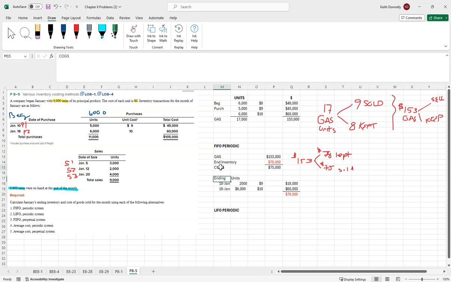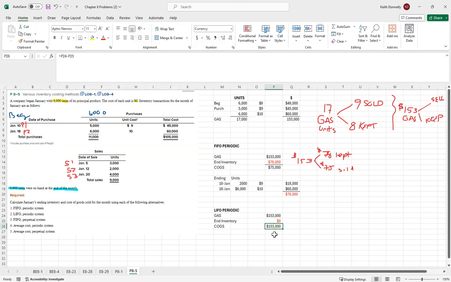Okay, so we're going to copy this framework to the extent we can. Okay. All right, so we know our goods available for sale. If we can figure out our ending inventory, we can back into our cost of goods sold.